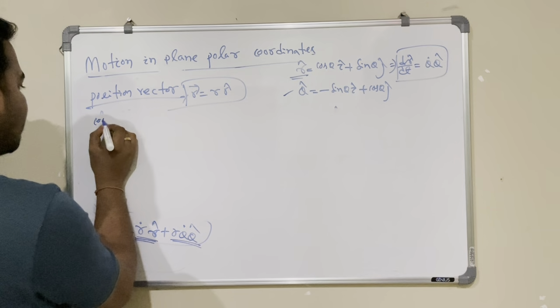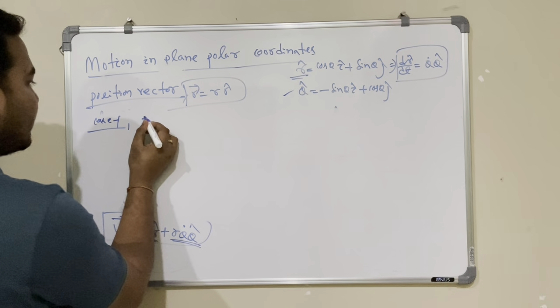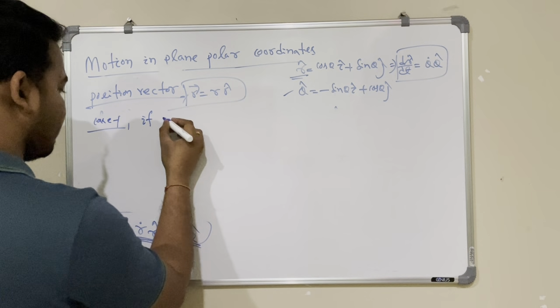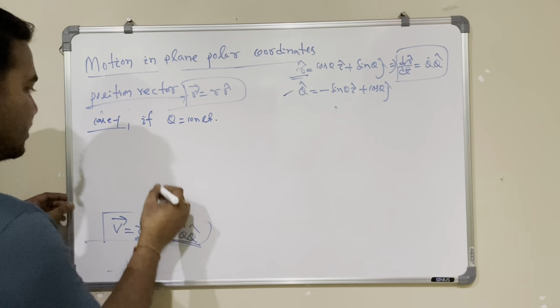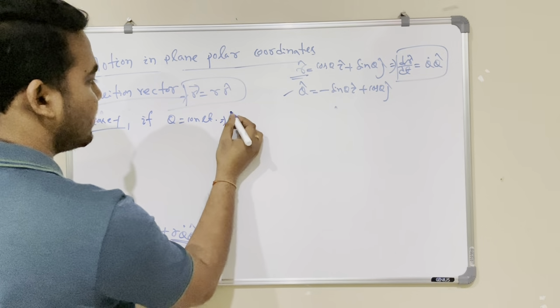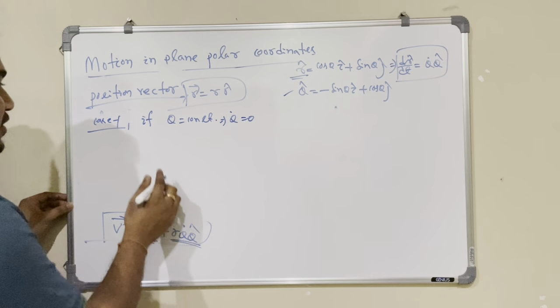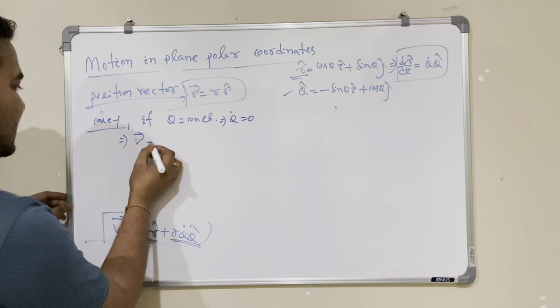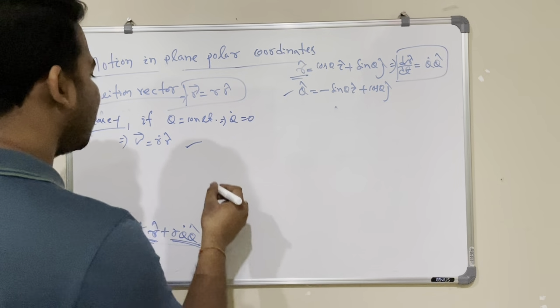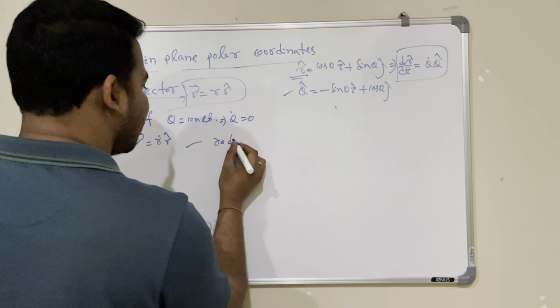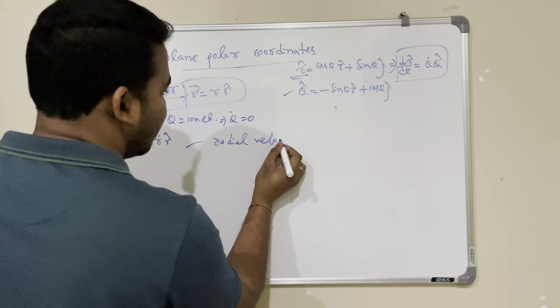So let's say, case 1, if theta equals constant, then theta dot equals 0. If theta dot equals 0, then velocity is only r dot r cap. This is the radial velocity.